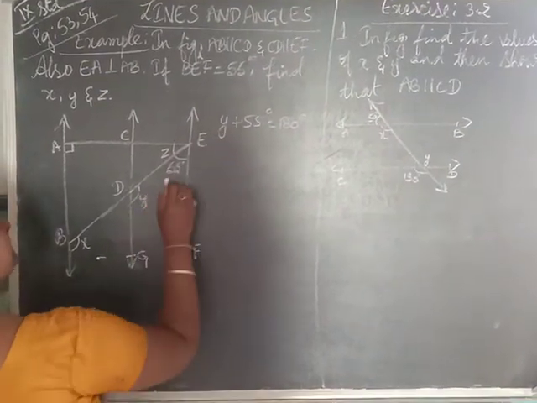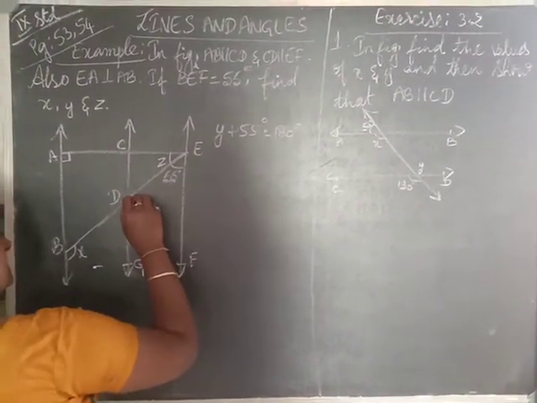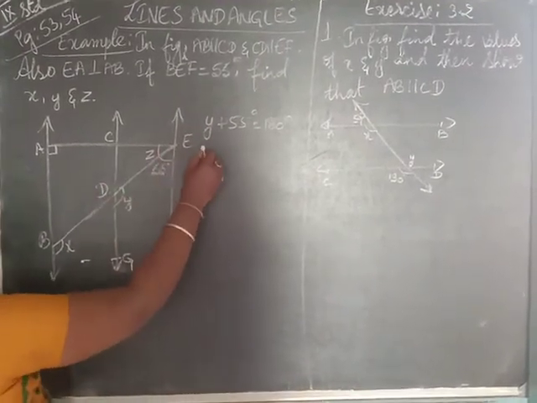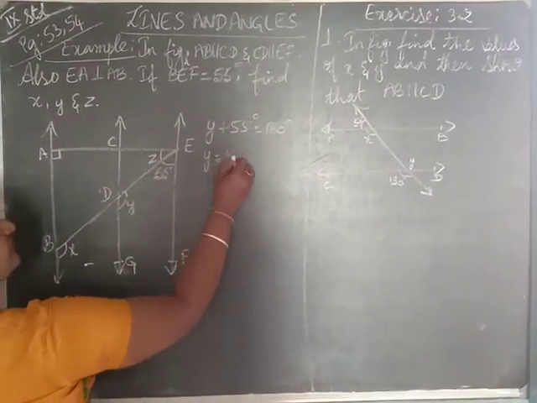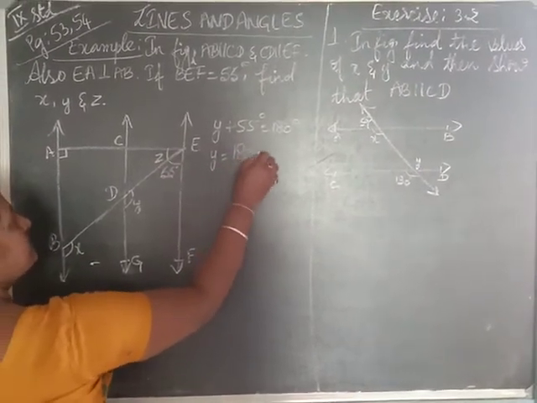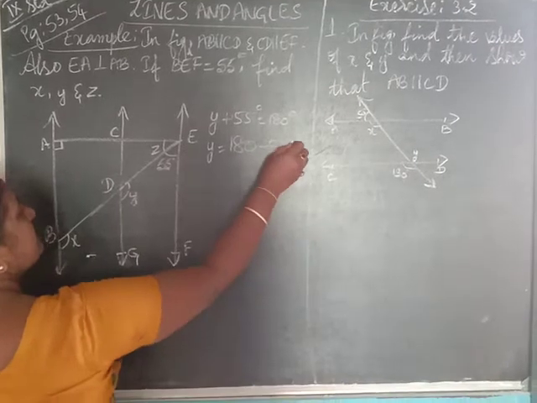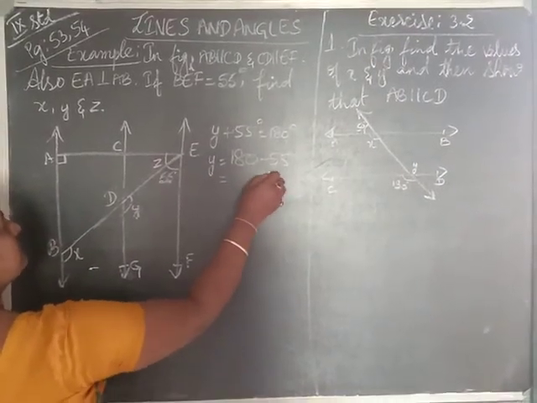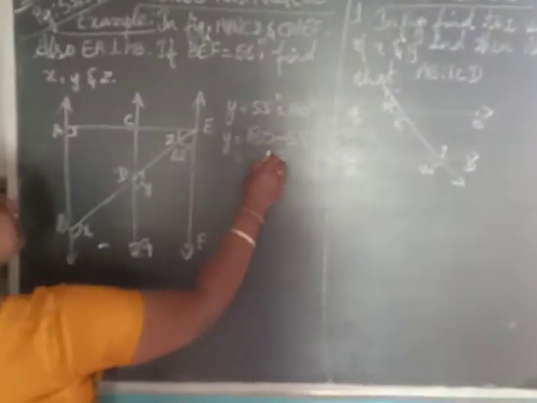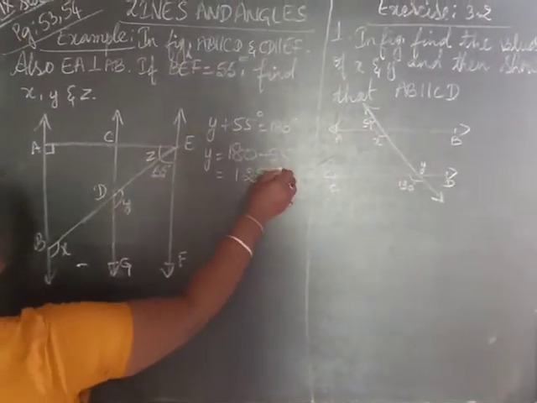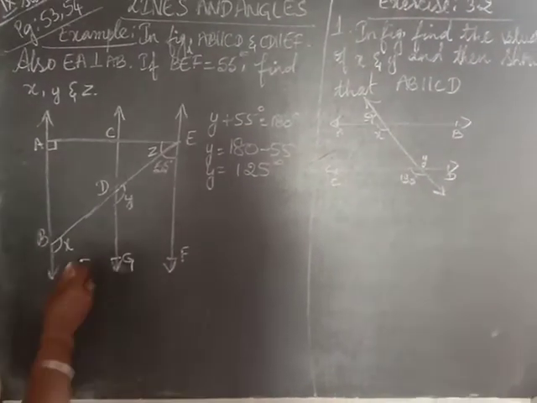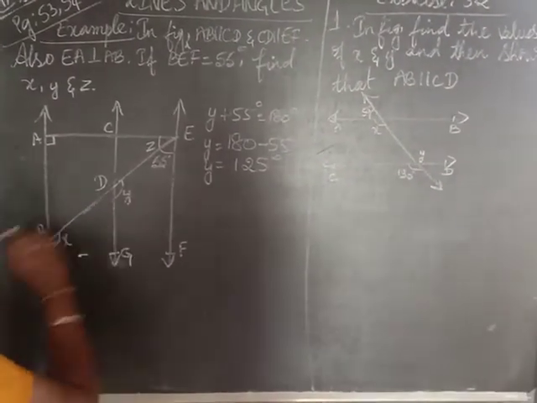Since both the angles are on the same side of the transversal ED. Now, Y is equal to 180 minus 55. So, Y is equal to 125 degrees.